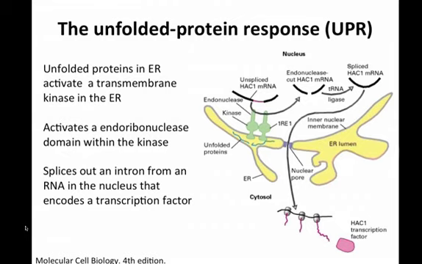That's kind of cool, huh? There's actually a sensor that says, yo, I have unfolded protein here. And then there's this preformed RNA that just has one leftover intron that needs to be removed. So it's ready to activate gene expression.